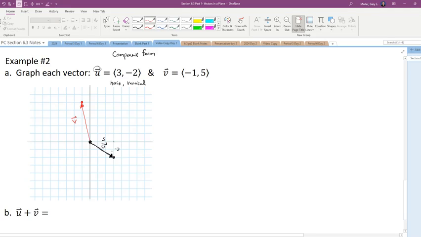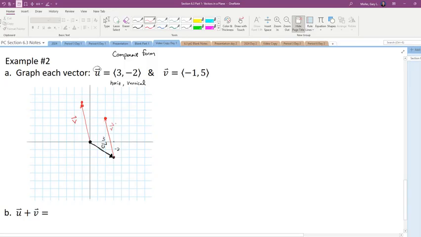So in other words, I'm going to start vector v right here. I'm going to go over, it was negative 1, 5. So I'm going to go over 1, 1, 2, 3, 4, 5. So I could copy vector v to be here.